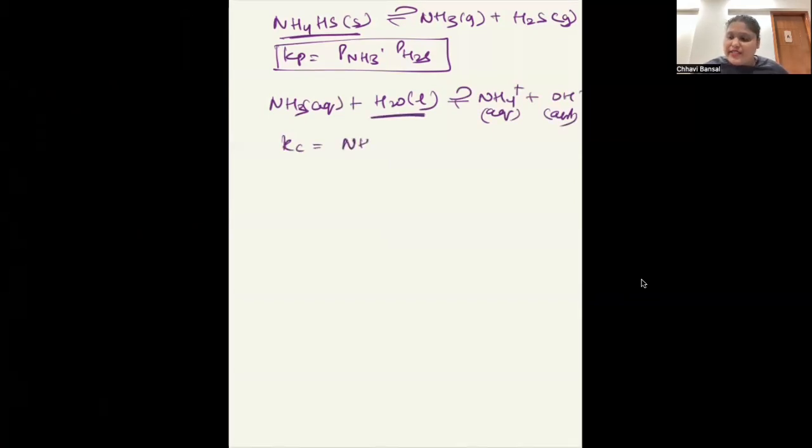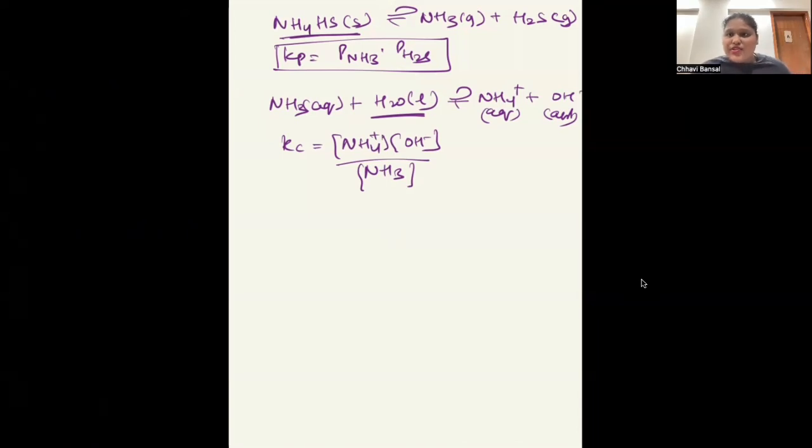So what is the value of Kc? NH4 positive concentration, OH negative concentration upon NH3 concentration. So this is how you define the Kp's and Kc's when there is a chemical equilibrium as well as a phase equilibrium.